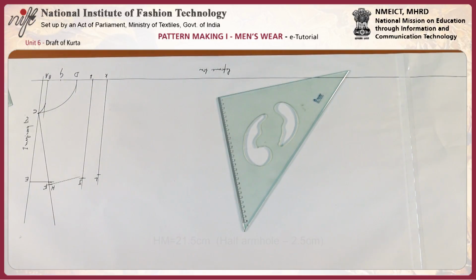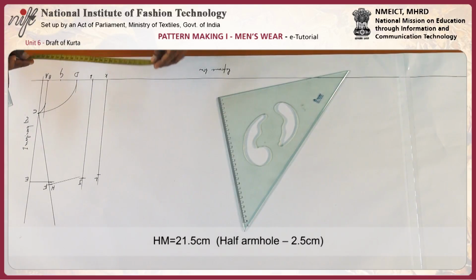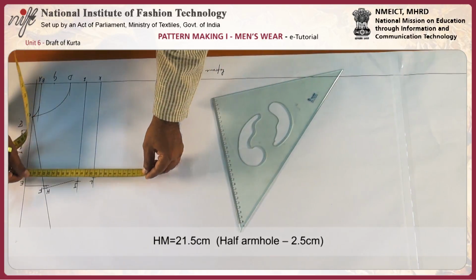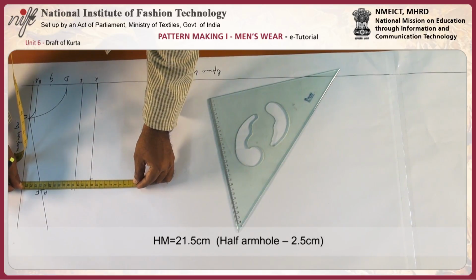Now point H to M is 21.5 centimeter, which is half armhole minus 2.5 centimeter, that is 21.5.